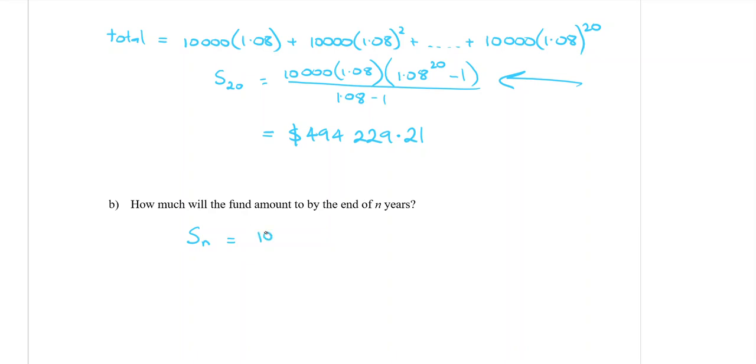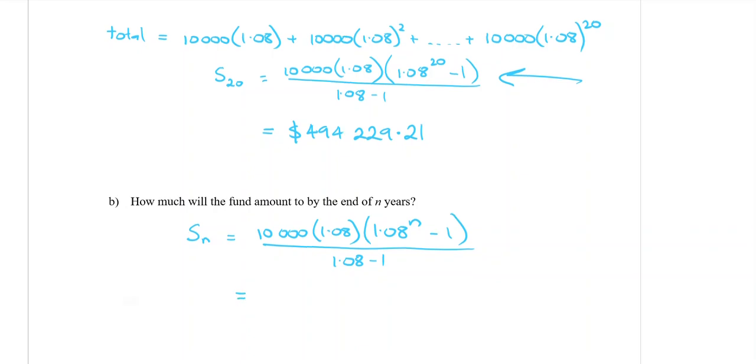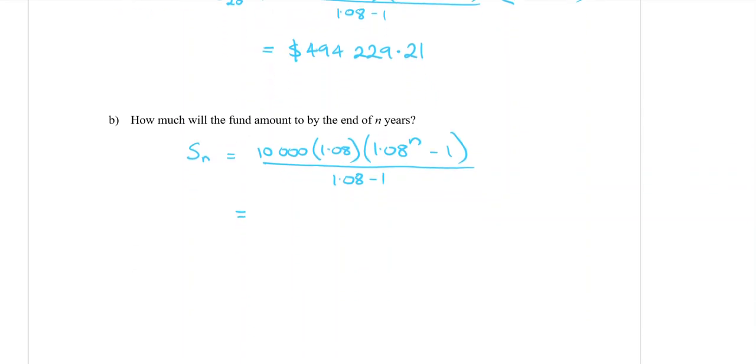So it'll be 10,000 times 1.08, times 1.08 to the power of n minus 1 over 1.08 minus 1. Now, I can tidy that a little bit because I can't do anything with this bracket, but the rest is all just numbers.